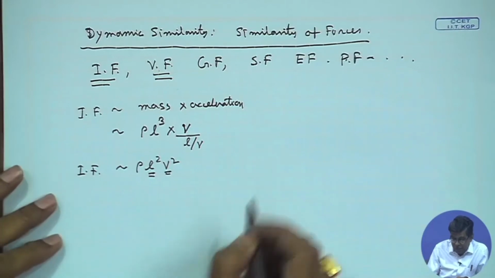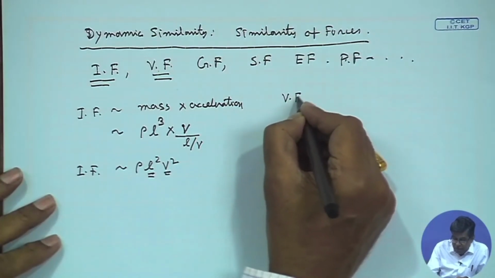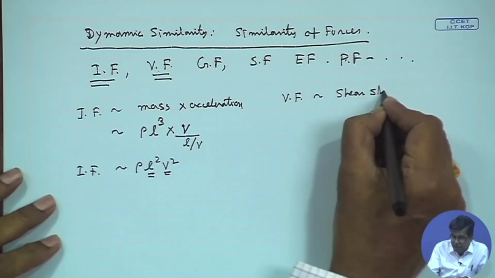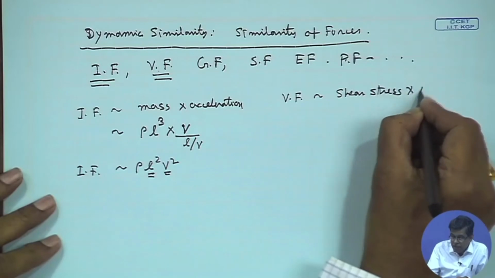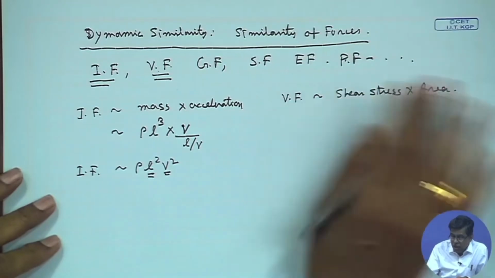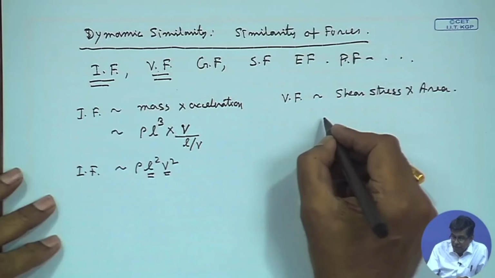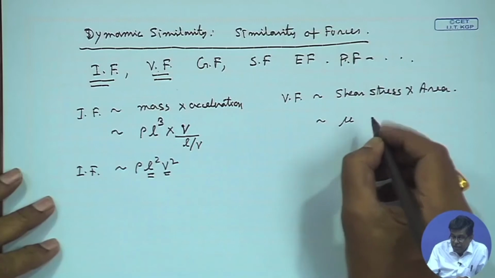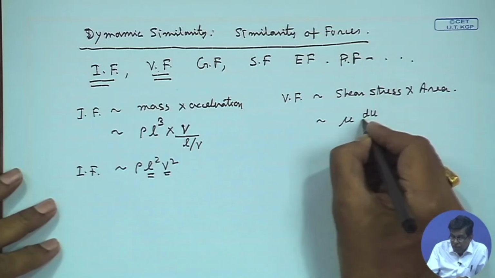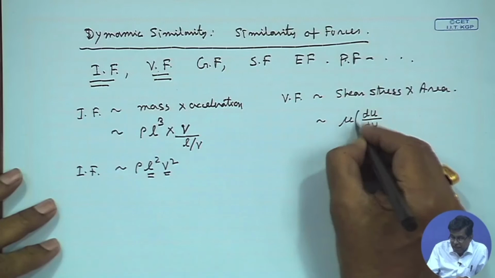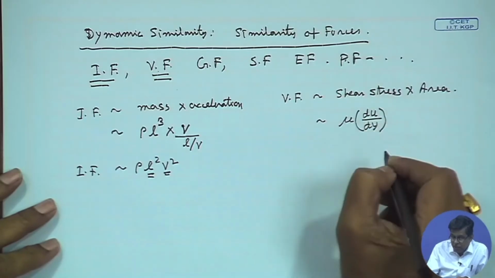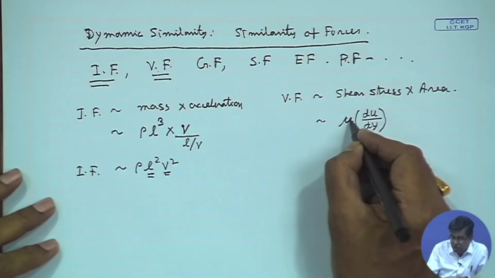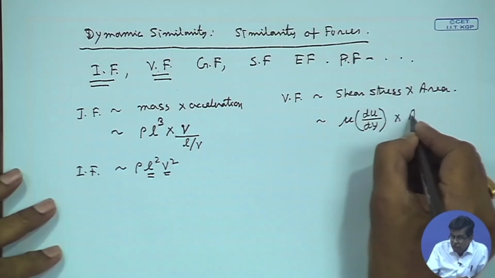Similarly, the viscous force can be written as shear stress times the surface area on which the shear stress is acting. The shear stress from Newton's law of viscosity can be written as mu into the velocity gradient. For a simple one dimensional flow where u is a function of y only, it is mu into du dy, into the area.